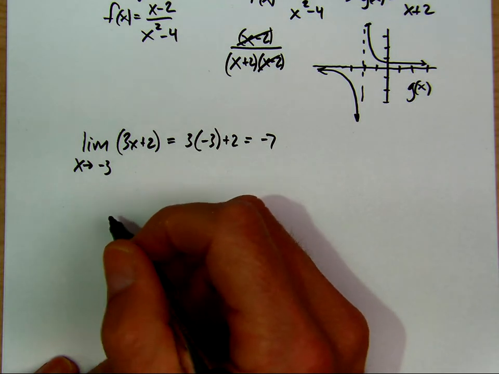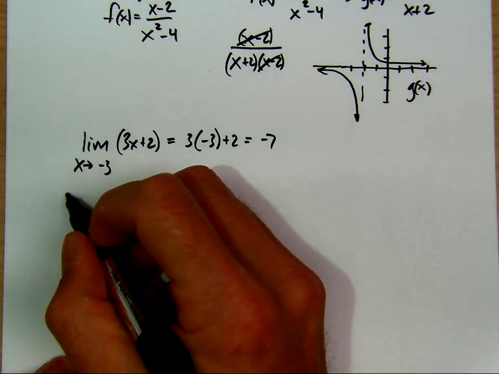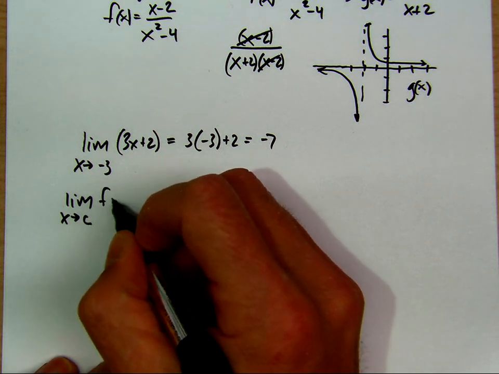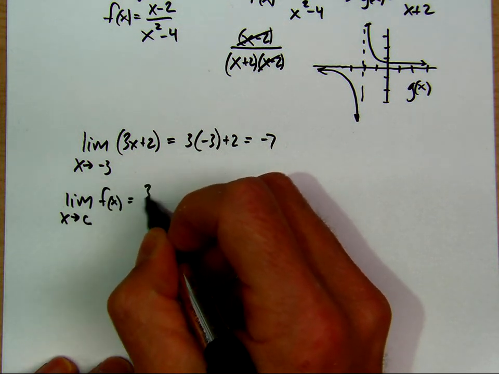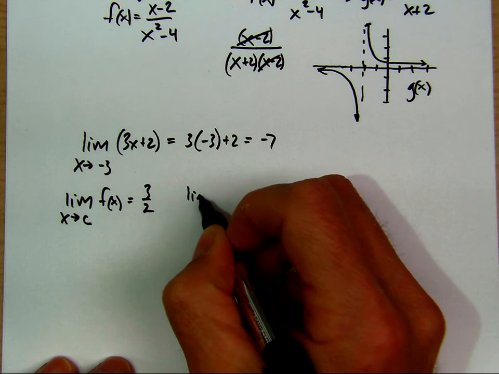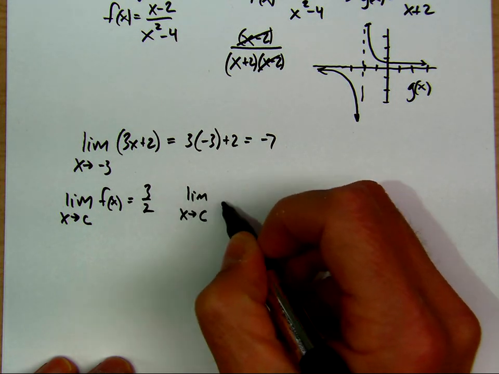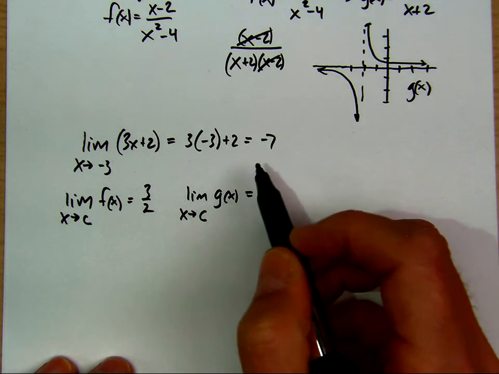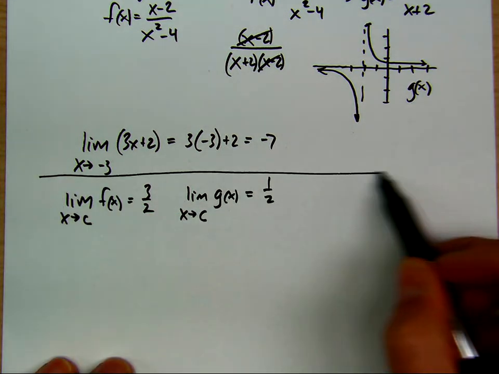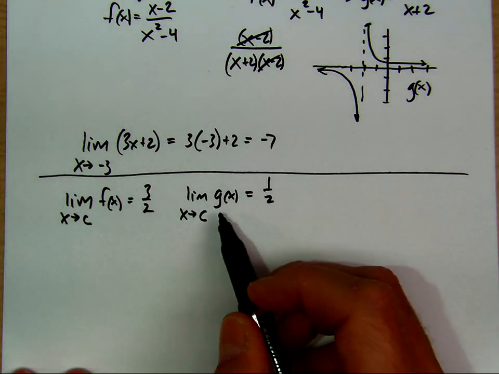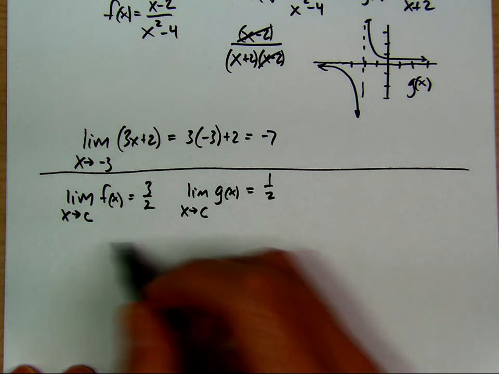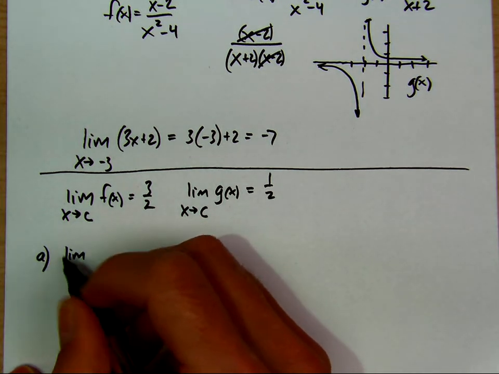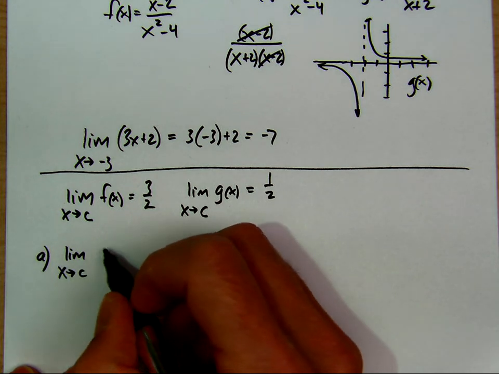We also have questions like this. So we're given the value of 2 limits, and then we're supposed to evaluate combinations and compositions of functions.